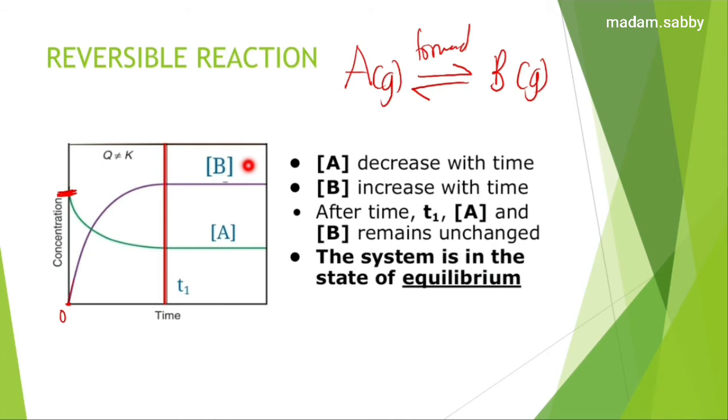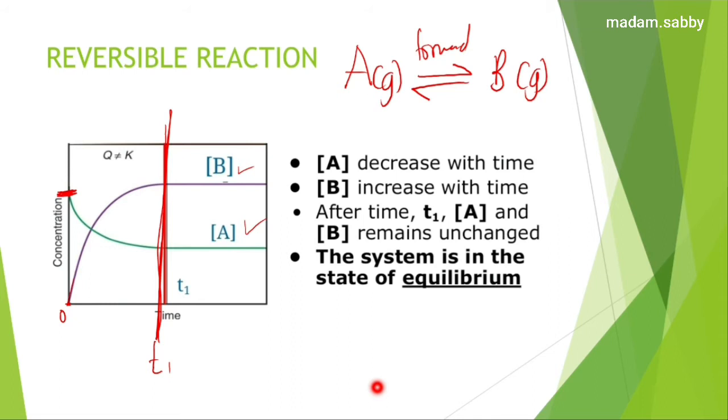After a certain period of time, at this straight line here, T1, I can see both concentrations of B and A do not change. They remain constant. The concentration of B does not increase and the concentration of A does not continue to drop.